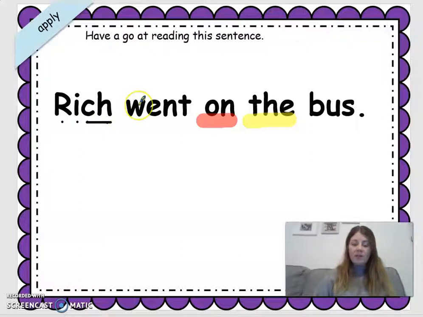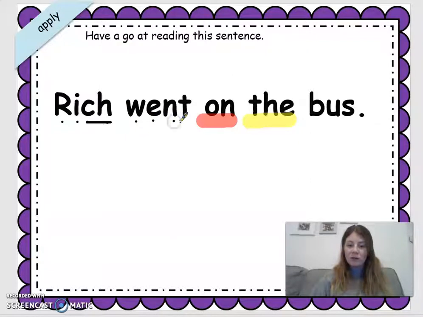Oh, well done. Let's have a go at the next bit. Let's put on all of our sound buttons and look carefully as you go. Can't see any more digraphs. Right, let's read it. Rich went on the bus.